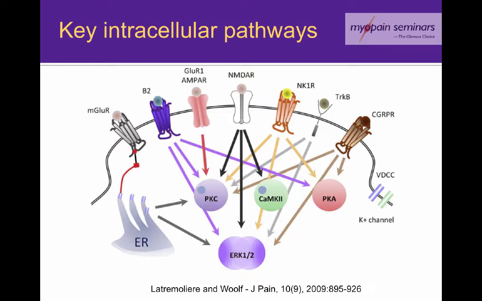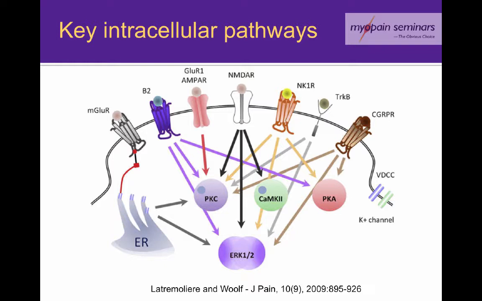Glutamate R1 containing AMPA receptors also activate the protein kinase C, which is indicated by the red arrow. NK1 and CGRP1 receptors also activate the PKC and PKA, the protein kinases, and the extracellular signal-related kinases ERK, which is indicated by the orange and brown arrows respectively.